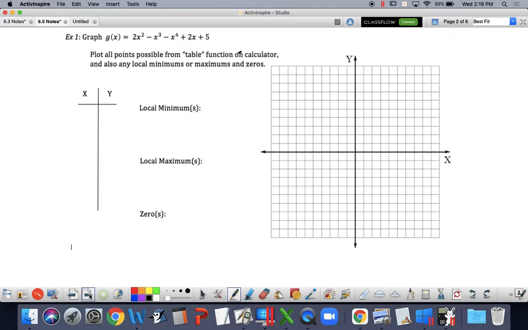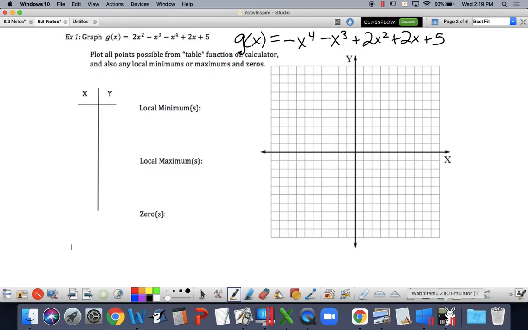But for practice, let's rewrite this in standard form. All right, let's rewrite it with the biggest exponent first. So we'd have negative x to the 4th minus x cubed plus 2x squared plus 2x plus 5. That was just for practice so that we remember those things.